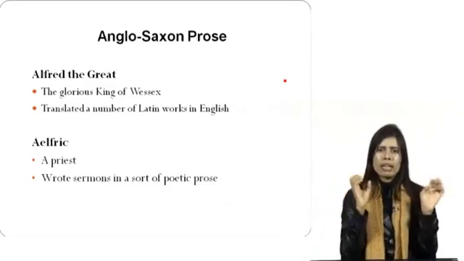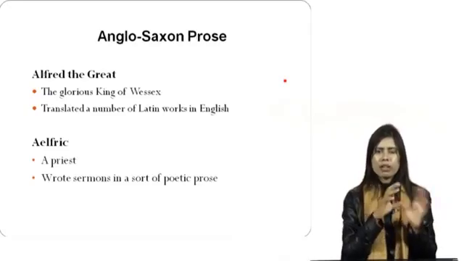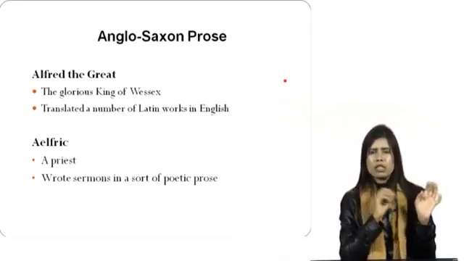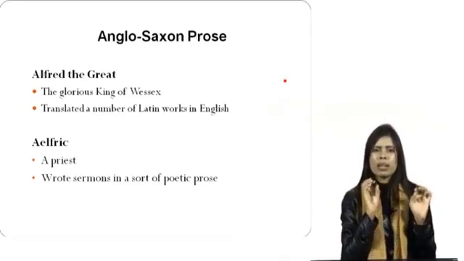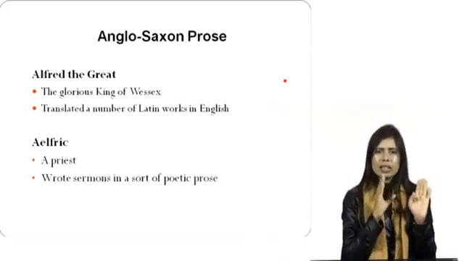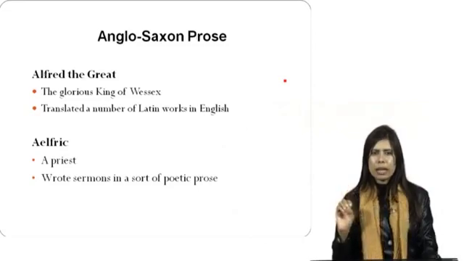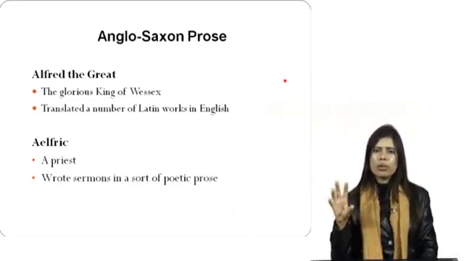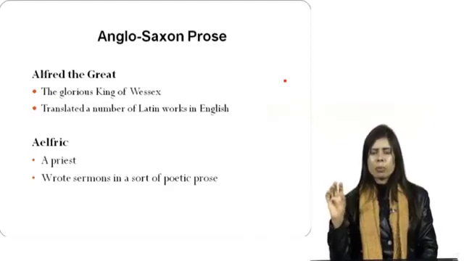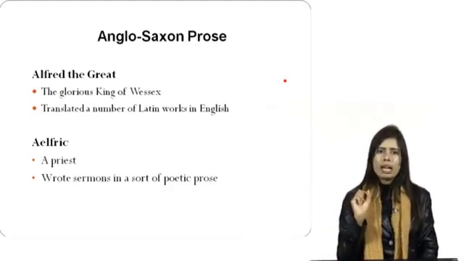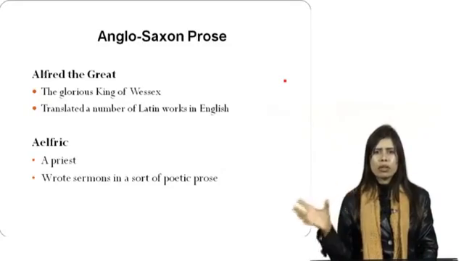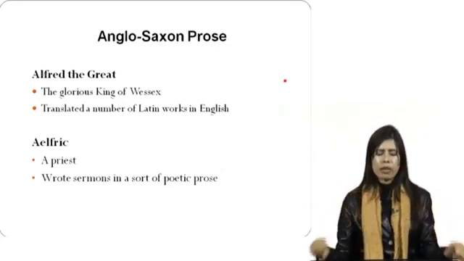For the purpose of getting that literature understood by the common people of society, he translated Latin literature into English, to give English people an opportunity to read Latin literature and to know about their traditions and everything.